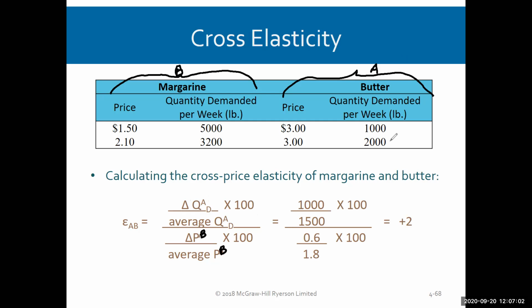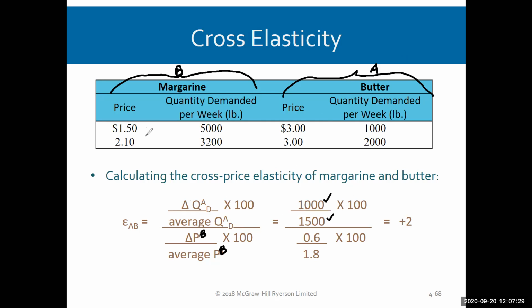That's 2,000 minus 1,000, over the average quantity, 2,000 plus 1,000 divided by 2, which is 1,500. If you're not convinced, click one slide back and plug the numbers into the formula for yourself. Then we need the change in the price of B over the average price of B. Not A, notice A's prices don't change anyway, B.